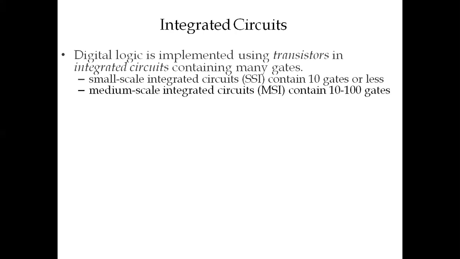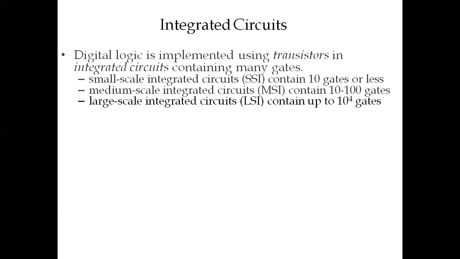Next, medium scale integrated circuits have a number of gates ranging between 10 and 100. Examples are shift registers, counters, multiplexers.